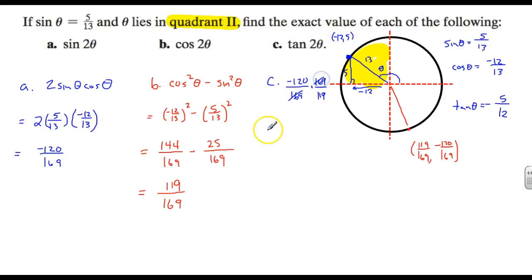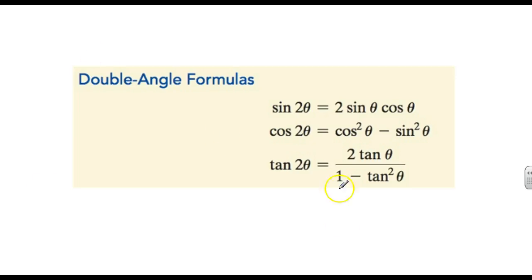And those 169 cancel, so we end up with negative 120 over 119. Okay, so that's the easiest way to get it, in my opinion, is just to use the sine and the cosine. It's the numerator here divided by the numerator here. But you can also get it using the negative 5/12 from the original formula with this formula right here.